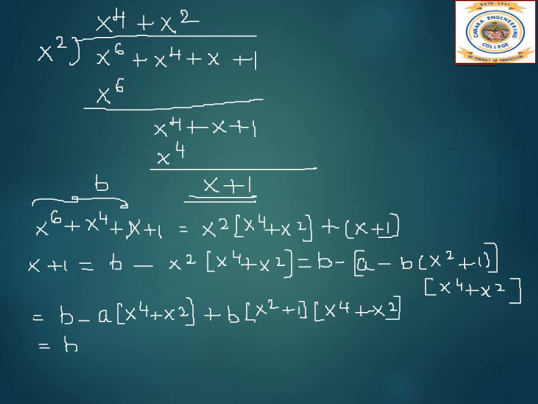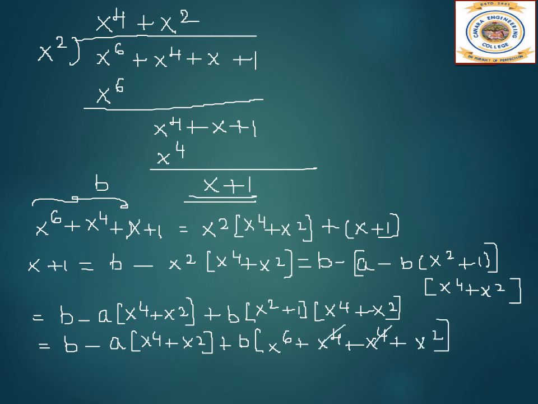So further if I simplify, b minus a into x to the power 4 plus x square plus b into x to the power 6 plus, you just open up the brackets, multiply, and you will get this x to the power 4 plus x square. So this and this cancel, and why I am cancelling it is nothing but 2x to the power 4, 2 mod 2 is equal to 0.